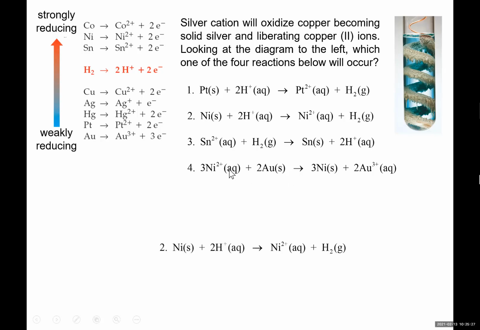So does this make sense? No. Number two, Ni and hydrogen, yes. So all of them can happen except the last one. No. I'm sorry. All of them can happen except the second one.